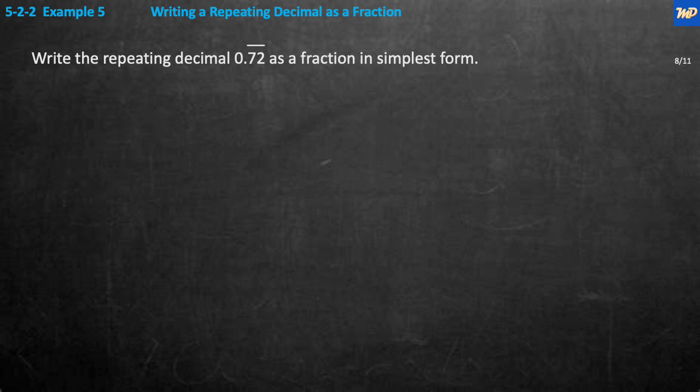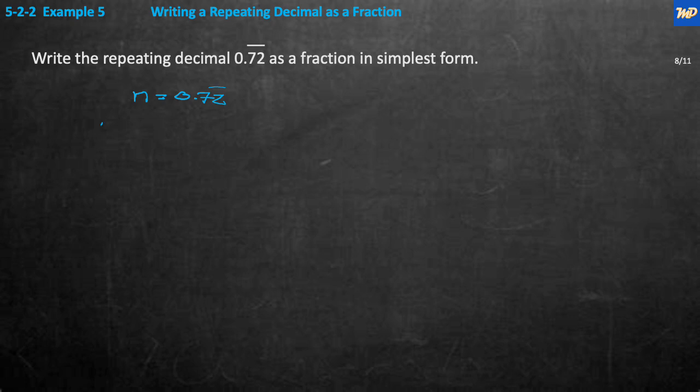The first thing I'm going to do is define the 0.72 as n equals 0.72 repeating. Now I'm going to multiply both sides by 100, because in order to take this 0.72 to make it an integer, you have to multiply by 100, and it'll be then 72.